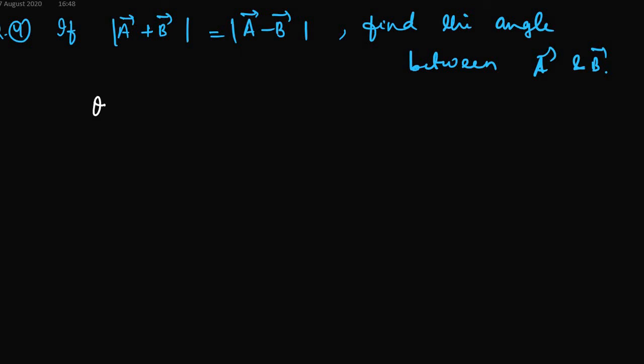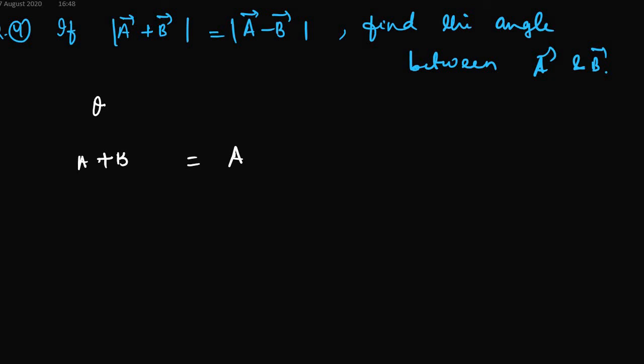Okay, and if it is so, then according to the question, modulus of A plus B equals to modulus of A minus B. That means if I only take the magnitude portion, then I would write it with the vector sign removed and the modulus sign removed. It would be like this only.